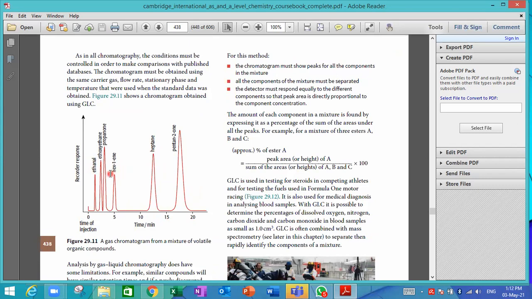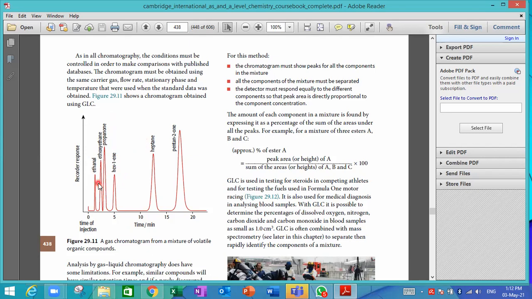You see that ethanol has a very small molecular mass compared to others. These are propanone. Ethanol has only 2 carbon atoms, but propanone has 3. Hex-1-ene has 6. Heptane has 7.